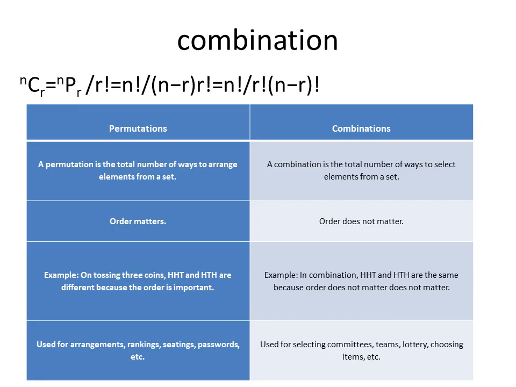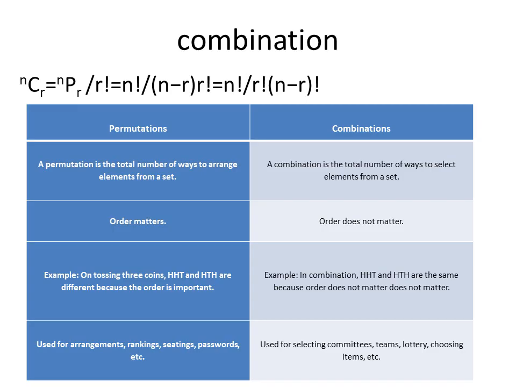In permutation, for example, on tossing three coins, HHT and HTH are different because the order is important. In combination, HHT and HTH are the same because the order does not matter.